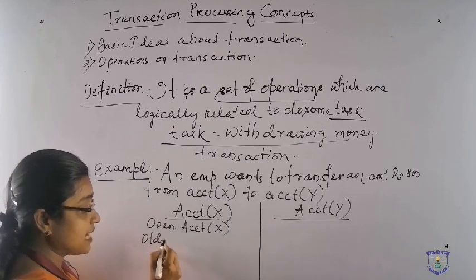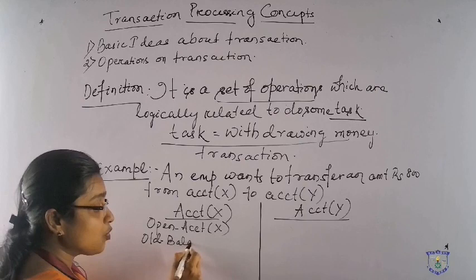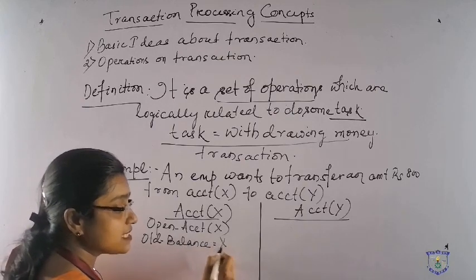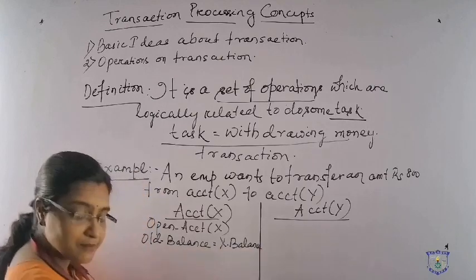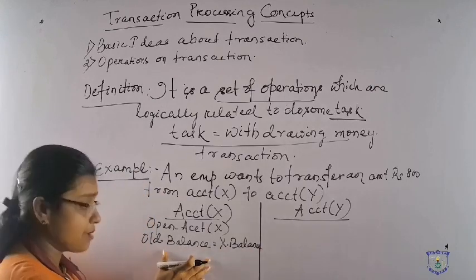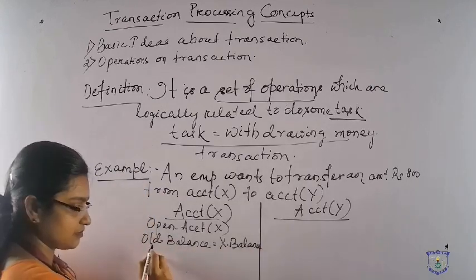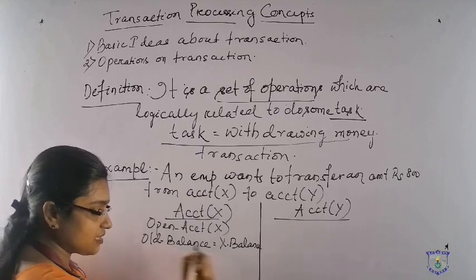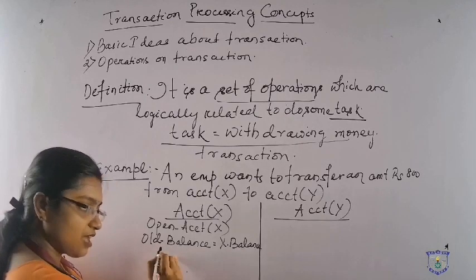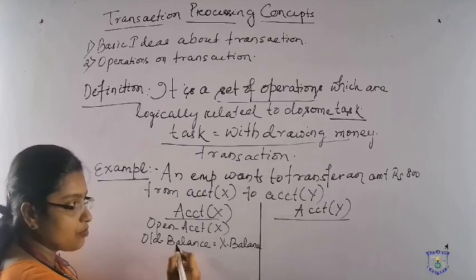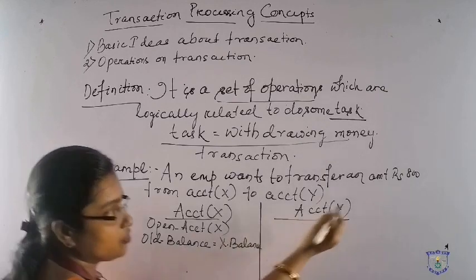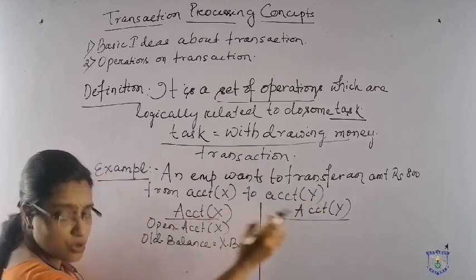Let's consider that existing amount as old balance, which is X balance. Okay, so once we read the amount, what is next? Here you can see the balance of X will be the existing balance, that is the old balance. Now we are going to transfer the amount of 800 from X to Y.